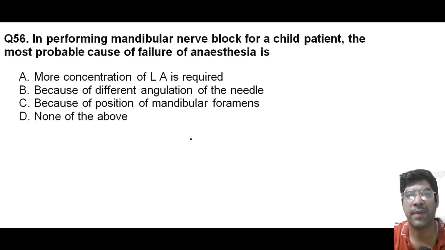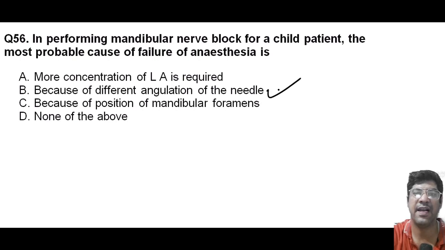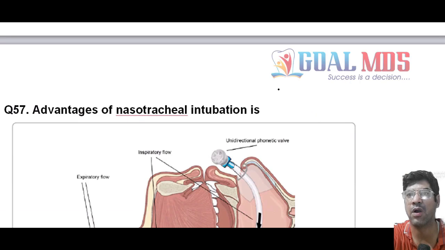The mandibular foramen in children is located at a lower level than the occlusal plane of the primary teeth, so the injection must be made slightly lower. Failure to adjust the needle angulation can lead to lack of anesthesia in the desired area, resulting in a failed block. Correct needle placement is essential for successful administration of a mandibular nerve block in children.